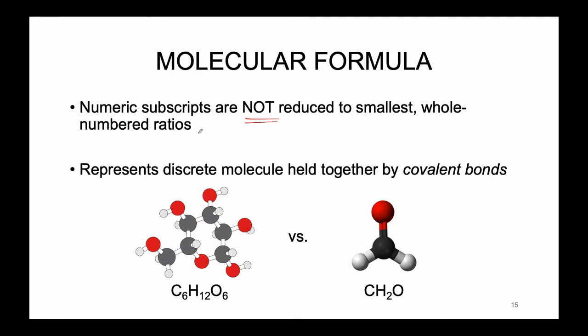To reiterate, because our compounds are discrete, the chemical and physical properties of something that is large, like C6H12O6, are going to be very different than the chemical properties of a molecule that is being represented with the empirical formula.